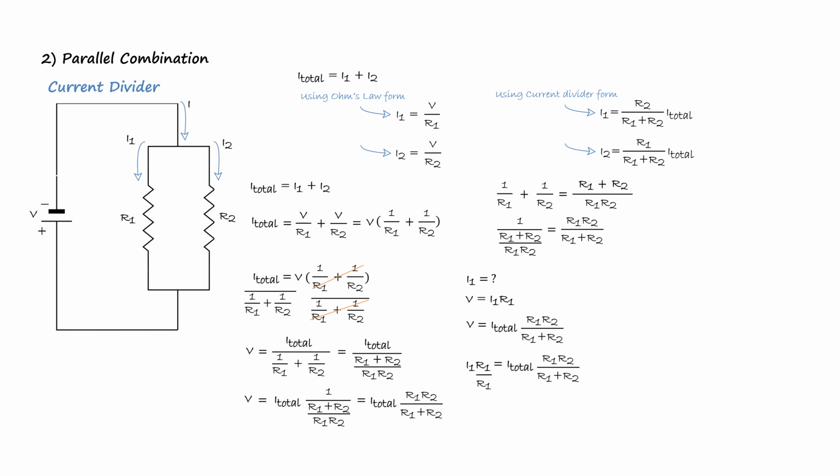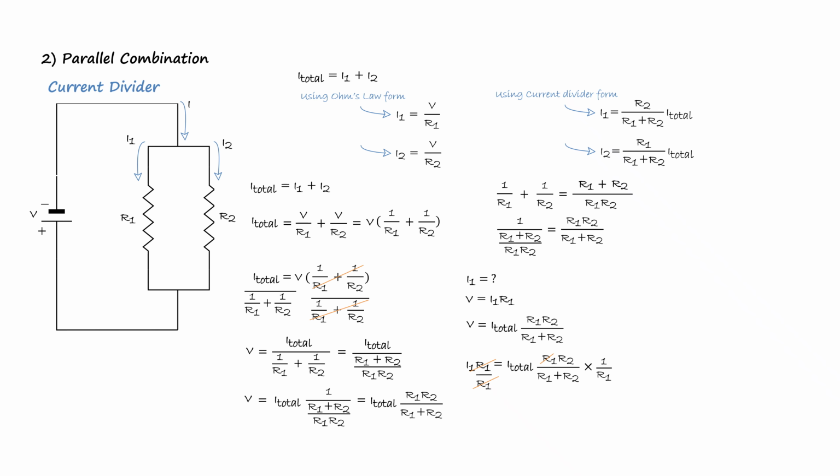And we solve for I1, so we have to divide both sides by R1. On the left side, we divide by R1, so R1 is cancelled out by R1, and on the right side, we divide by R1.